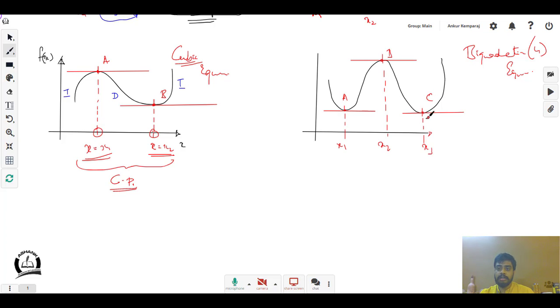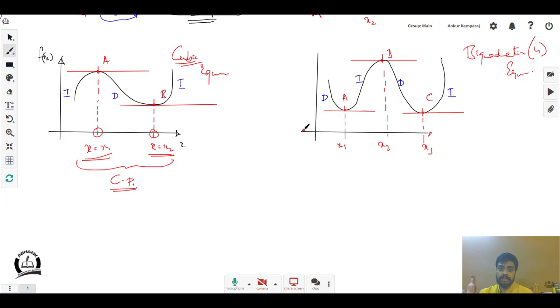So we have these 3 critical points with us, and any point before A is a decreasing function. I hope you can all see this. Any point after A and before B is an increasing function. Any point after B before C is a decreasing function, and any point after C is an increasing function.